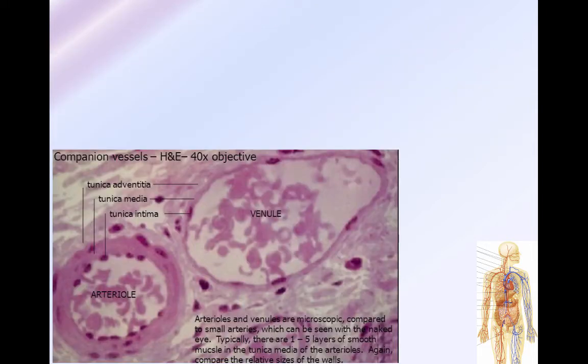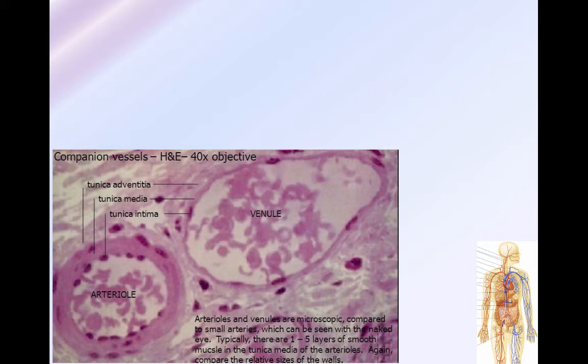Here you can see a picture of two companion vessels. And when you look at the arteriole and venule, differences are apparent to you. One of the things you notice is that the arteriole has a nice thick wall where the venule doesn't have such a thick wall. Part of the reason for this is because the pressure on the arterial side is much, much higher than the pressure on the venule side. And so we want a nice, strong wall.